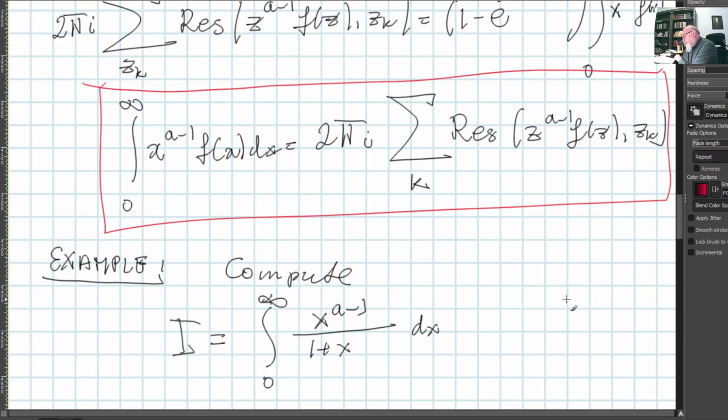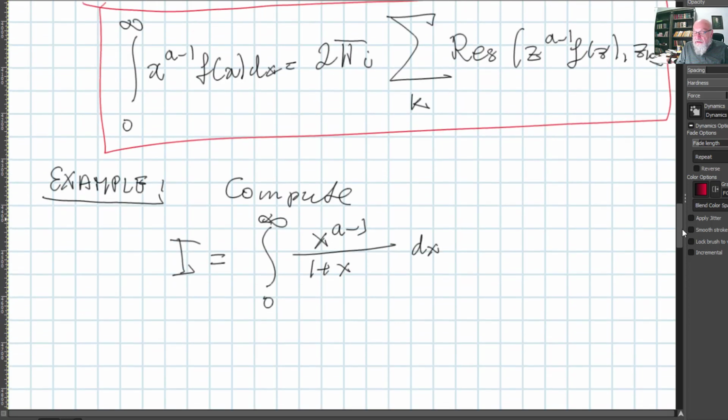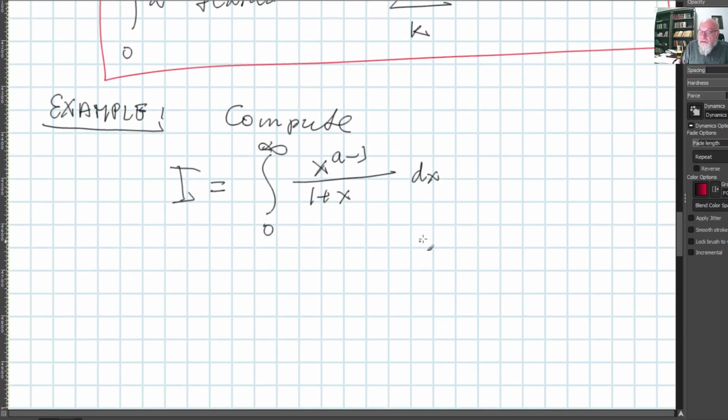Let me check the limits. So we need to have two assumptions. Remember, z to the a divided by 1 plus z. If a is larger than 0, then this will converge to 0 as z is going to 0.